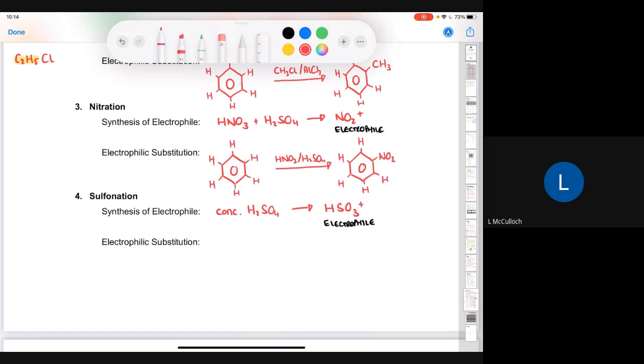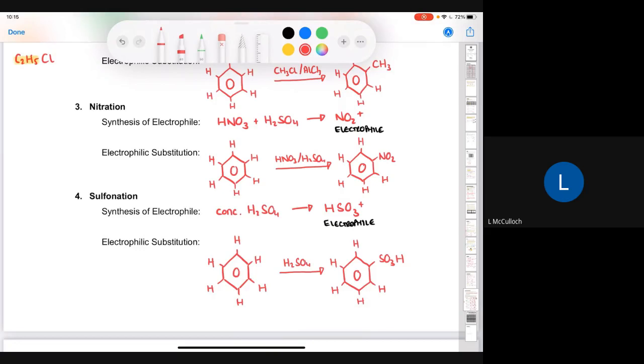And then again, it's just a case of substituting the electrophile on in place. Like so.